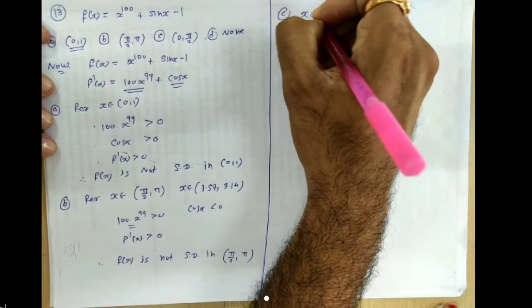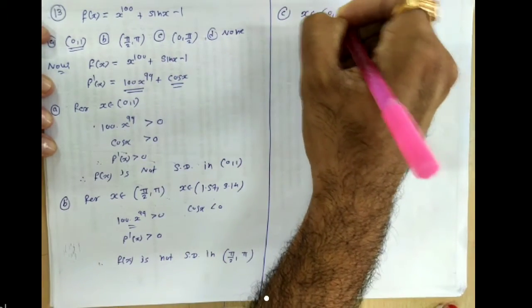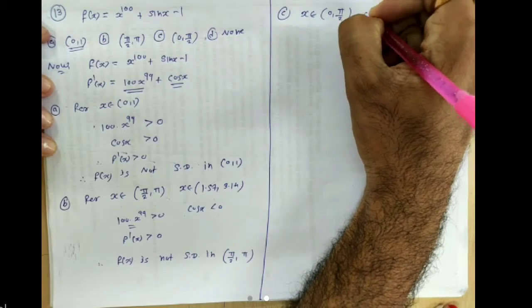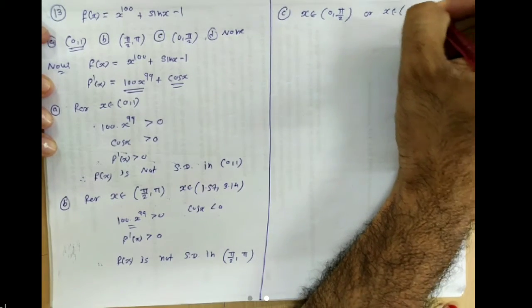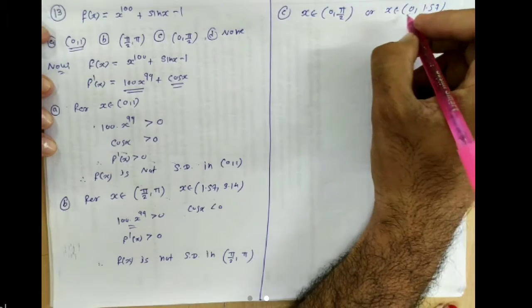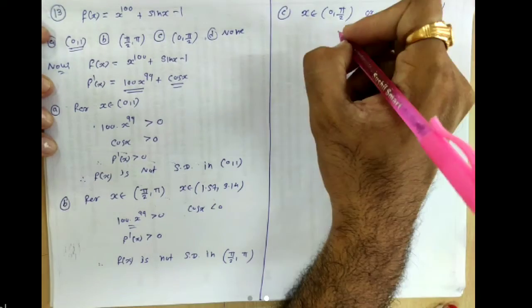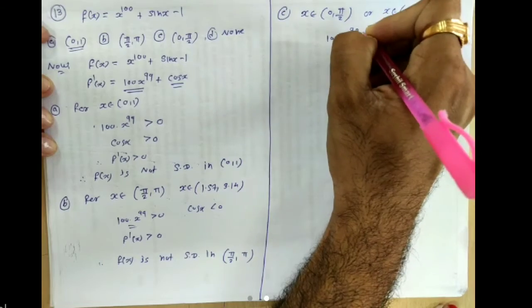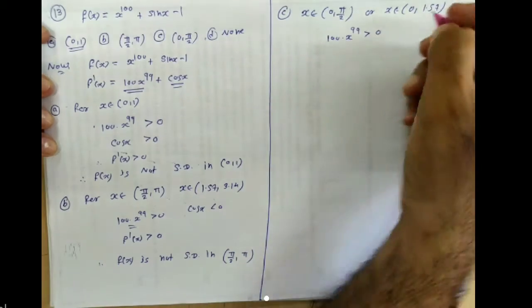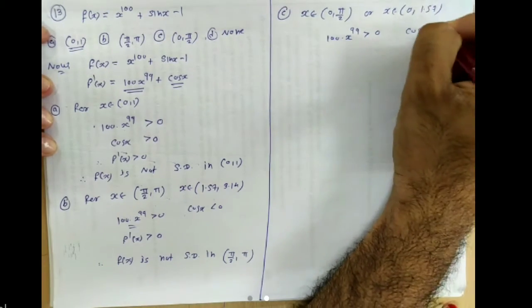Let's check the third case, 0 to pi by 2. For x belongs to 0 to pi by 2, that is 0 to 1.57, the first term, 100 into x raised to 99, is always greater than 0, and cos x is also greater than 0.